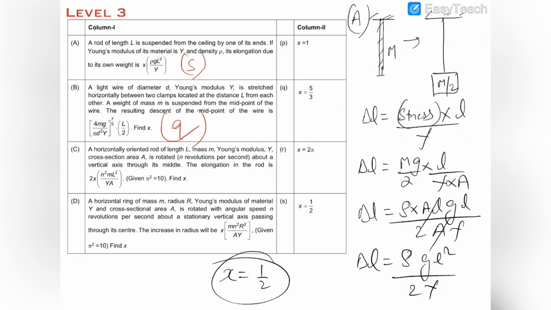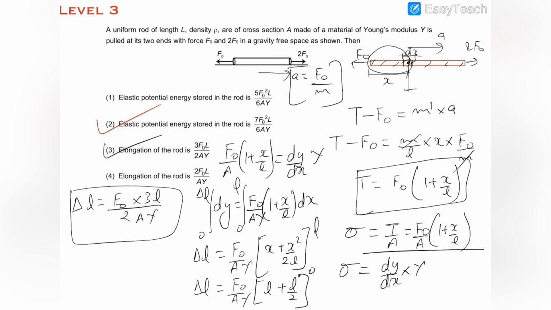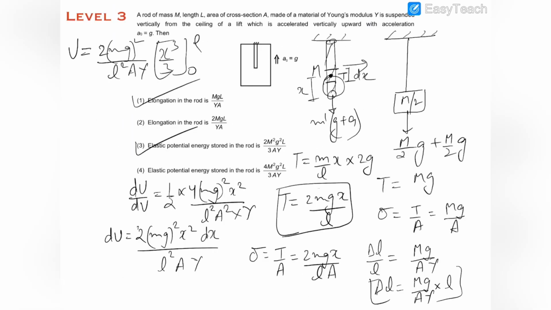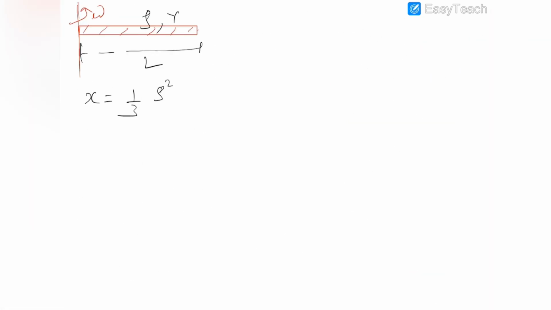We have already discussed it in the previous videos. So we can use that form directly, that the total extension produced in this rod will be rho omega square L cube by 12 gamma. So we can use this directly if the rod is rotating about the central axis.